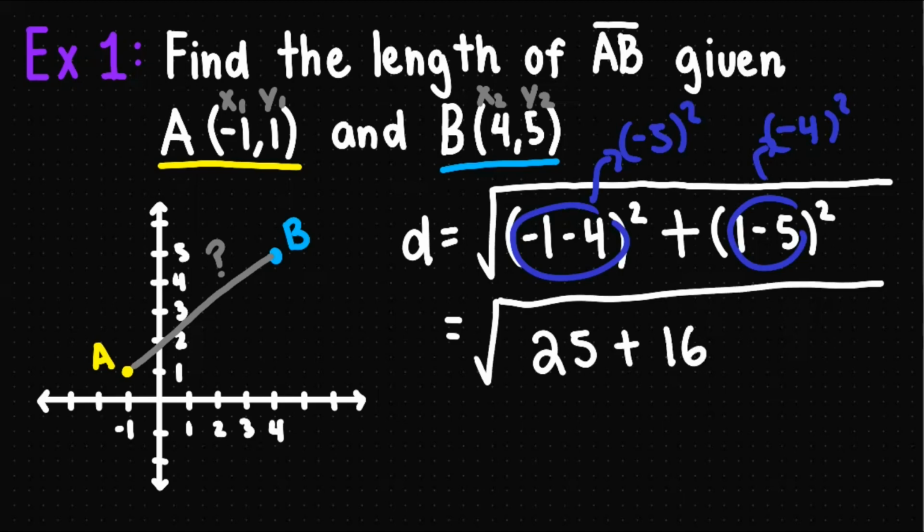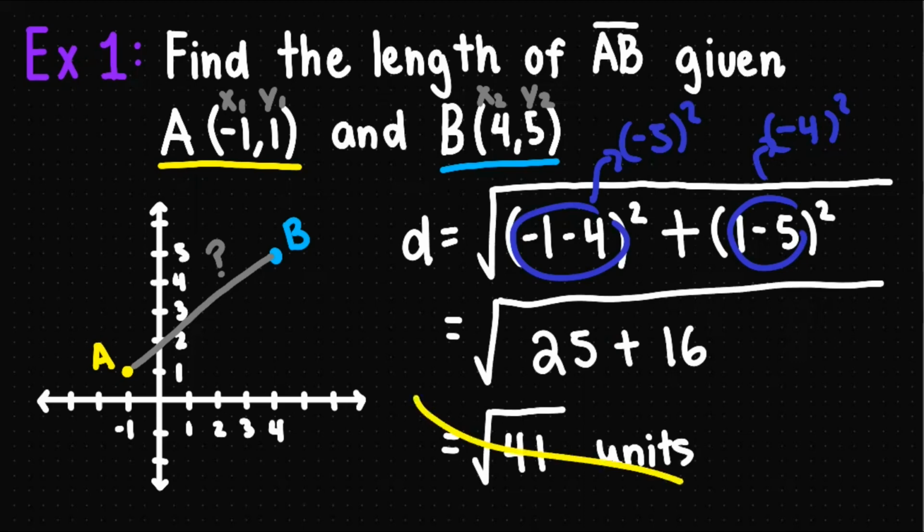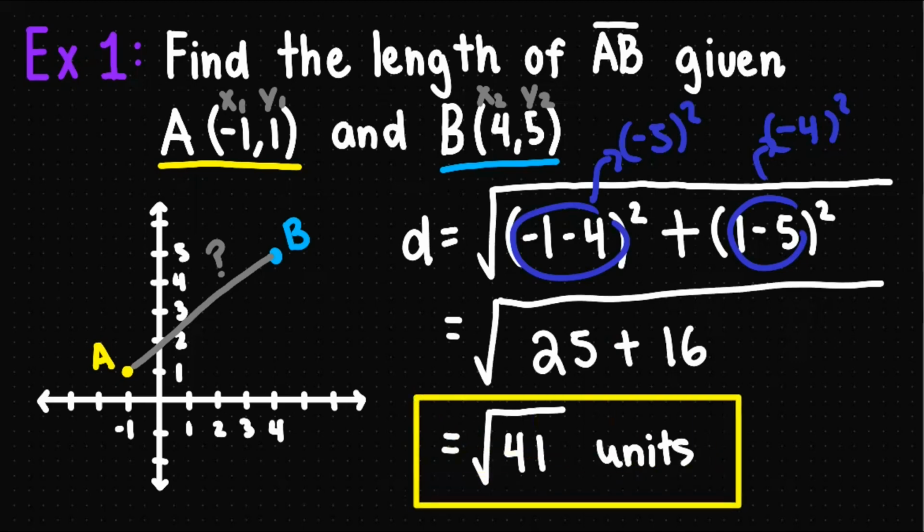Adding these two up will give us the square root of 41. Since we don't have any units here, we simply write units. This is our answer for this problem.